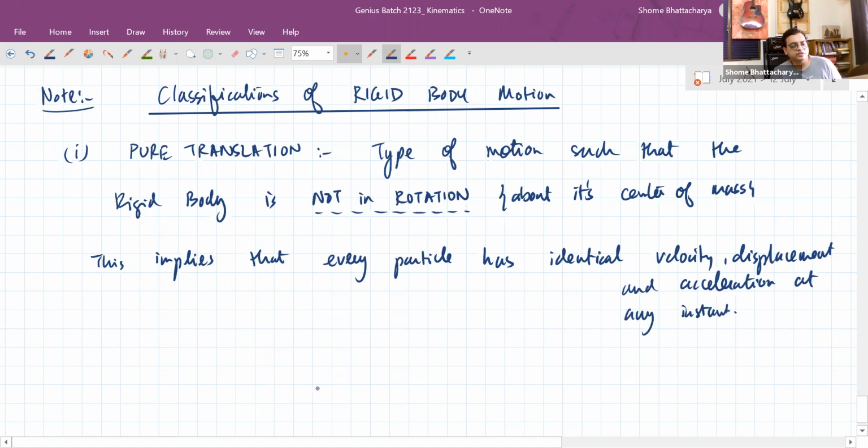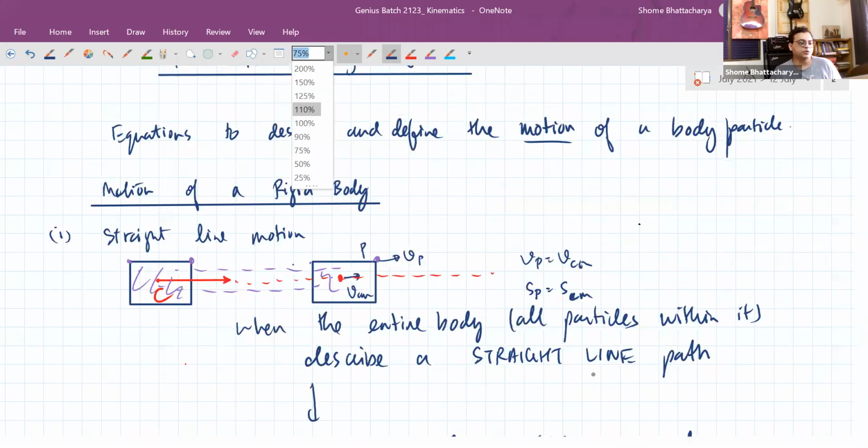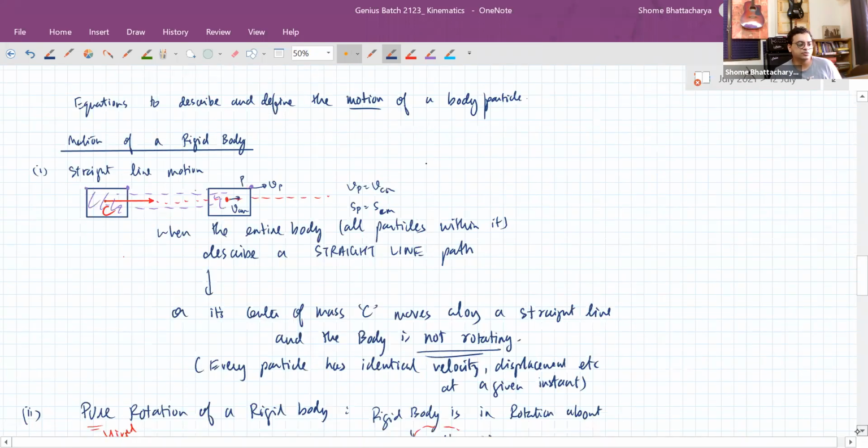So this includes straight line motion, which was example 1 above, this one, motion along a straight line. This is an example of pure translation because there is no rotation about the center of mass axis happening.